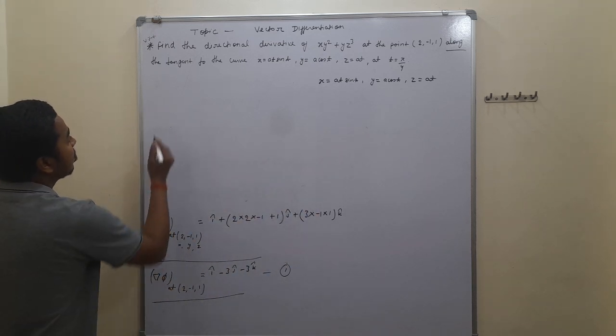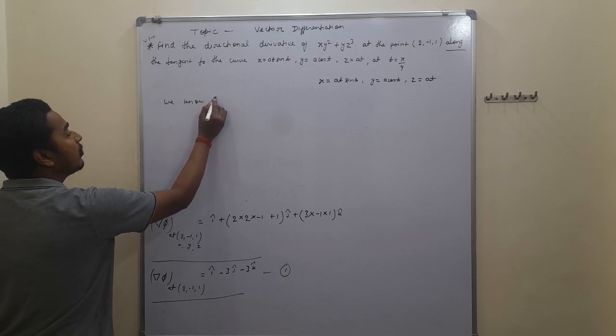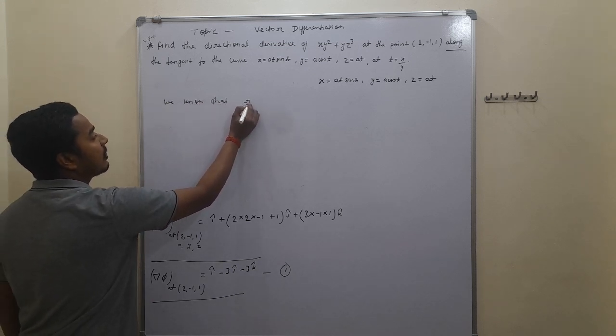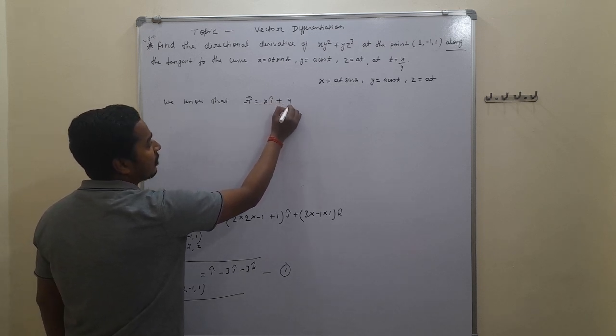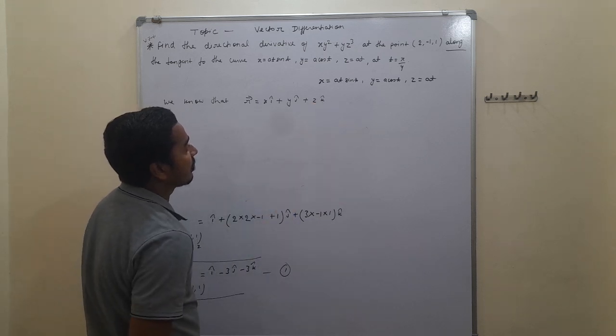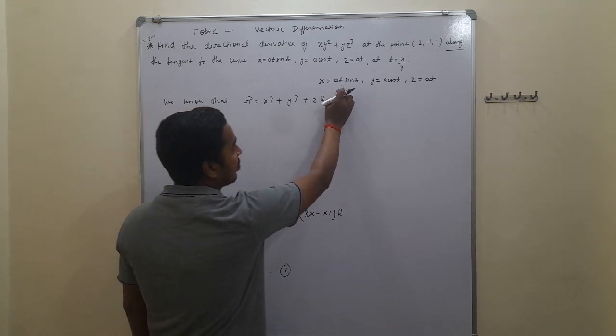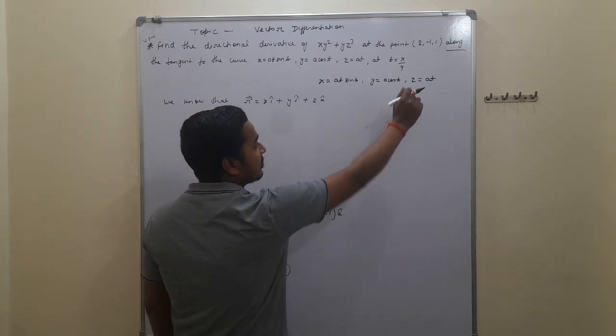We know that r vector is equal to x i cap plus y j cap plus z k cap, and the curve is given by x = a t sin t, y = a cos t, and z = a t.